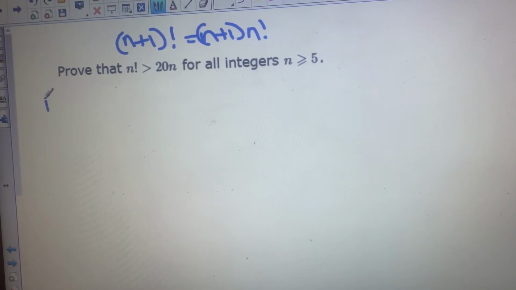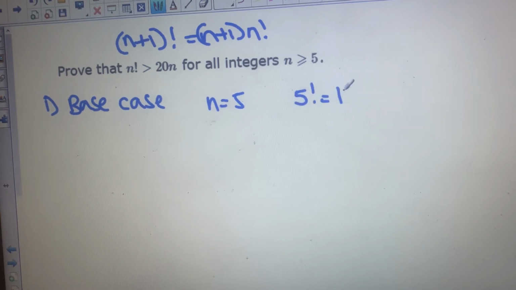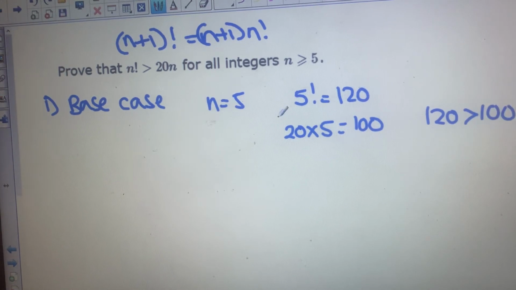The first thing we're going to look at is our base case, again when n equals 5. We can see that 5 factorial we know is 120. We know that 20 times 5 is 100. 120 is greater than 100.